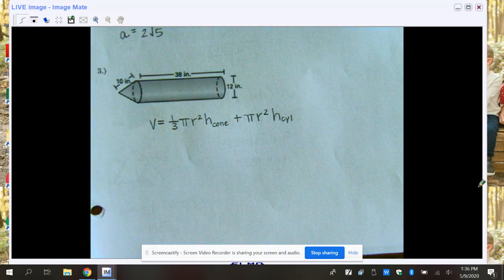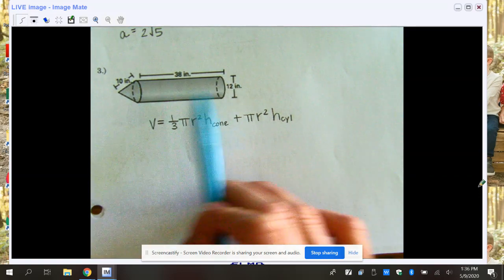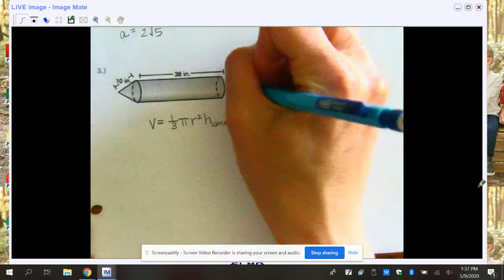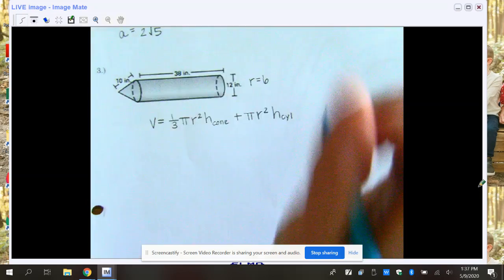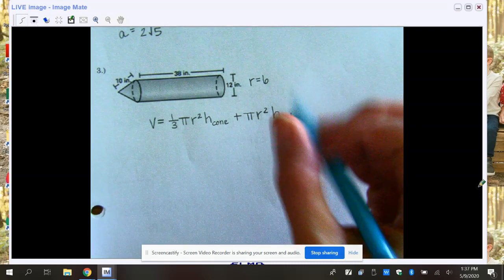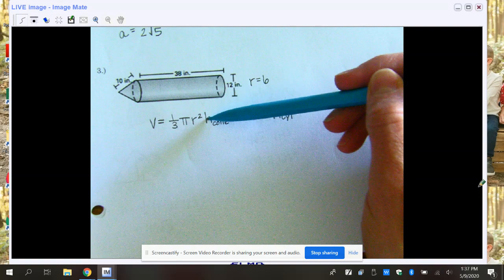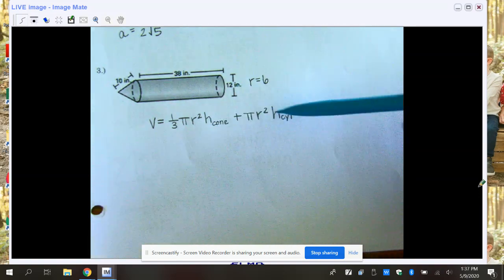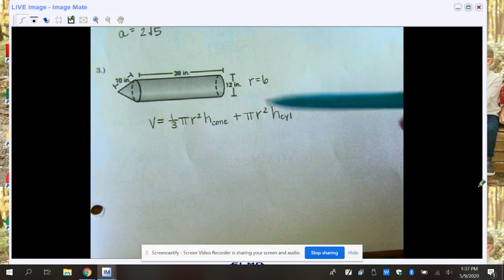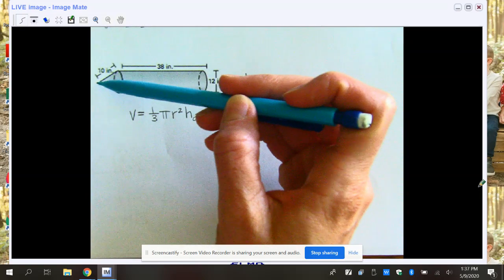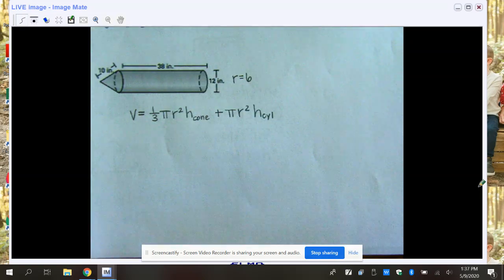Okay, now because this is a composite figure, the radius for both the cone and the cylinder will be the same because they overlap with each other. So since the diameter is 12, the radius is 6. So then when I go to look at what else I would need, I need the height of the cone and I need the height of the cylinder. Well, I know the height of the cylinder is 38 inches, but I don't know the height of the cone.